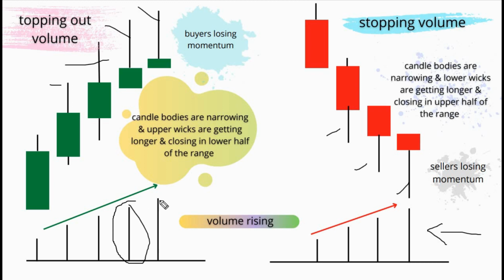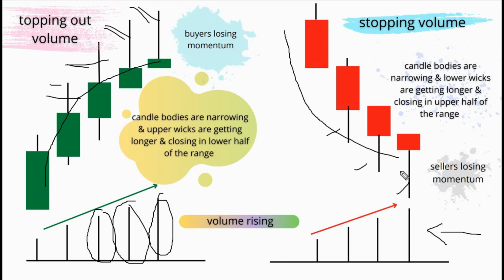Because we saw huge volumes, this is indicating that the market participants, that is the institutions, not the retailers, are selling off at this price area. That's why we are seeing a loss in buying momentum. Here a loss in selling momentum, because institutions are buying aggressively at this price area. Okay.